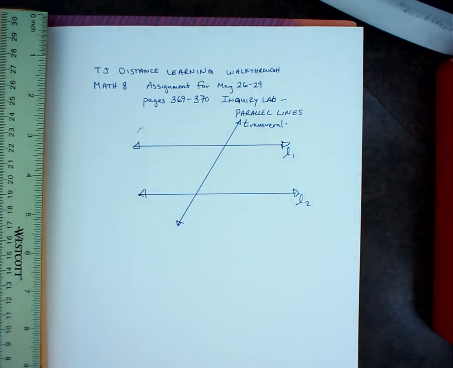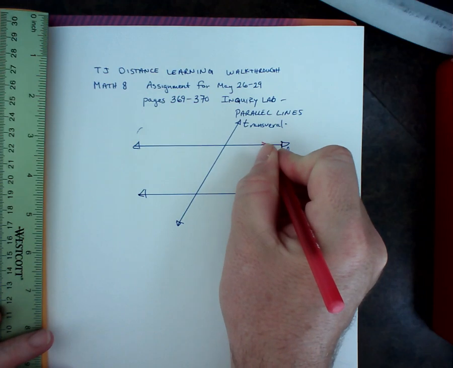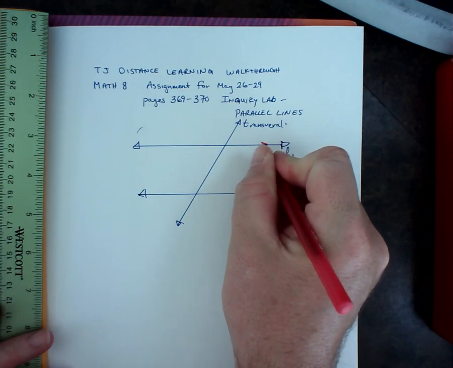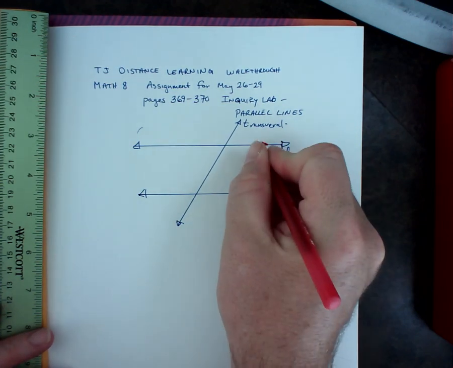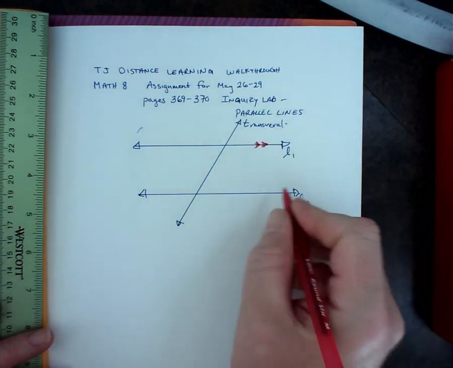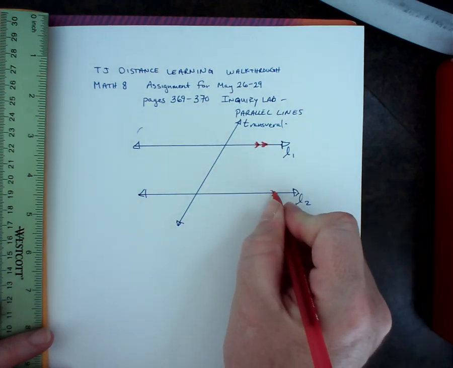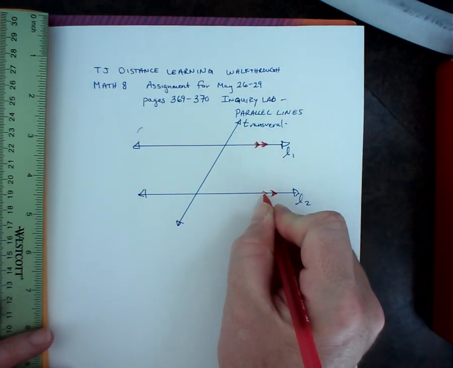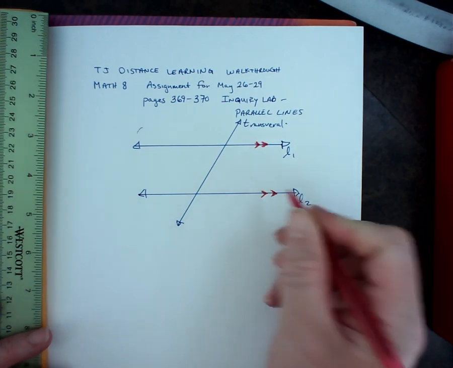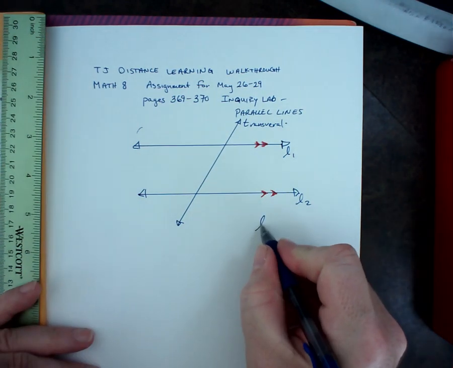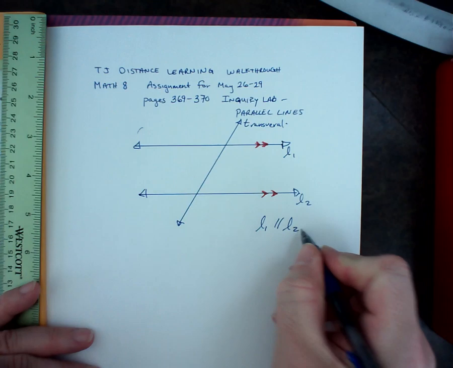Let me grab a red pen here real quick. There it is. We would always mark the parallel lines with a red marker or a red pen. Generally, I would put 2 marks for parallel lines here, showing that line 1, L1, is parallel to line 2.